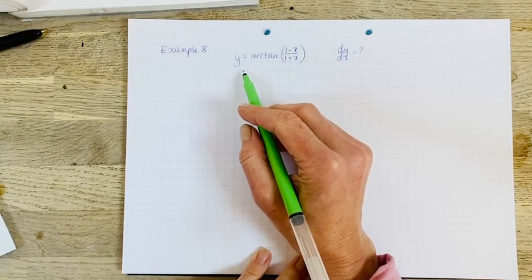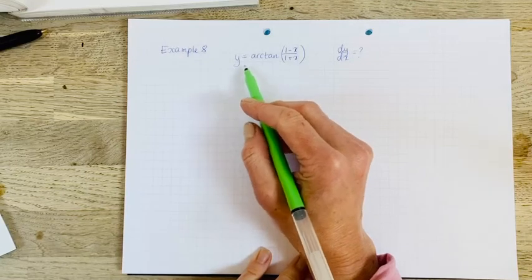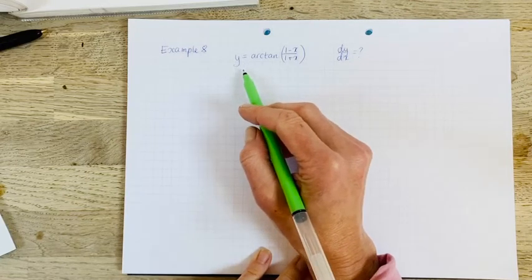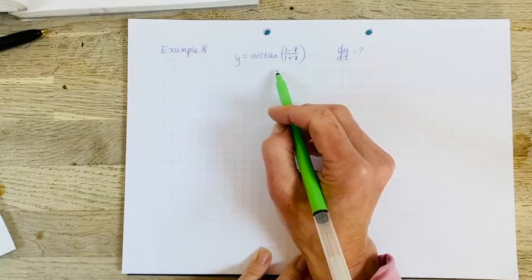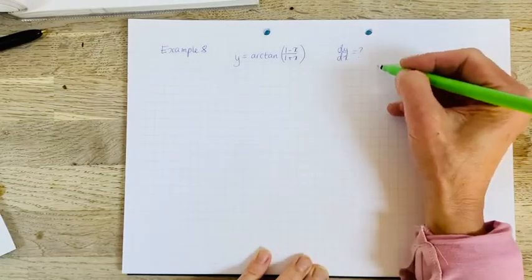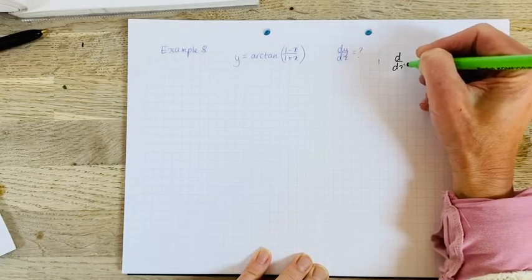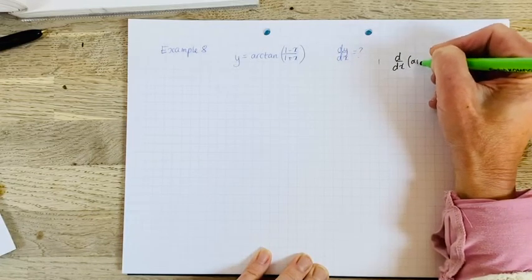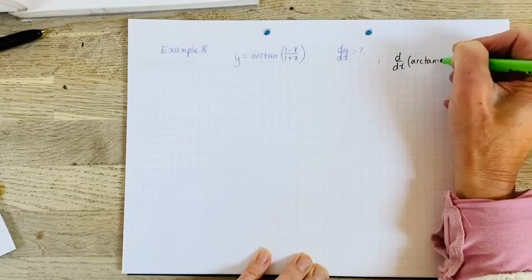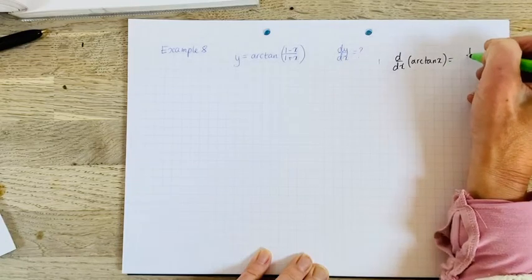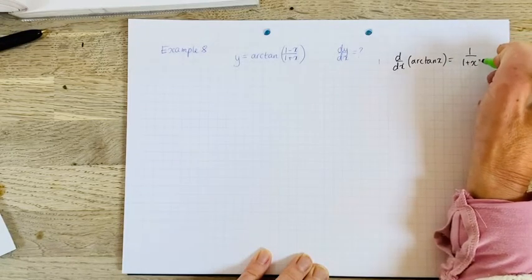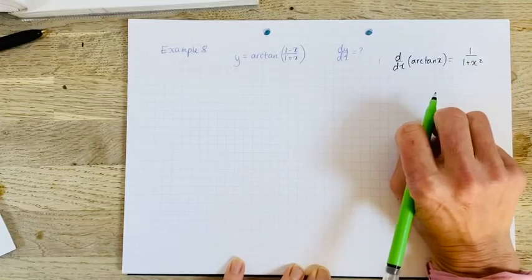You could use rewriting tan y equals 1 minus x over 1 plus x. I'm going to use the formula. So d/dx of arctan x is equal to 1 over 1 plus x squared, because it's a nice and neat formula.